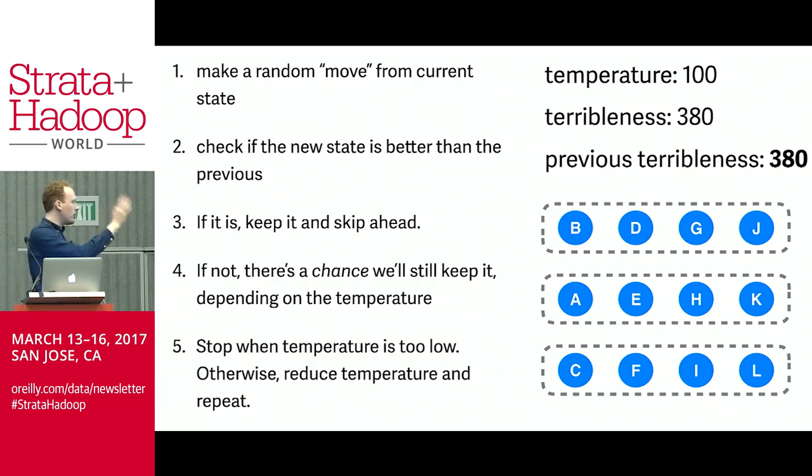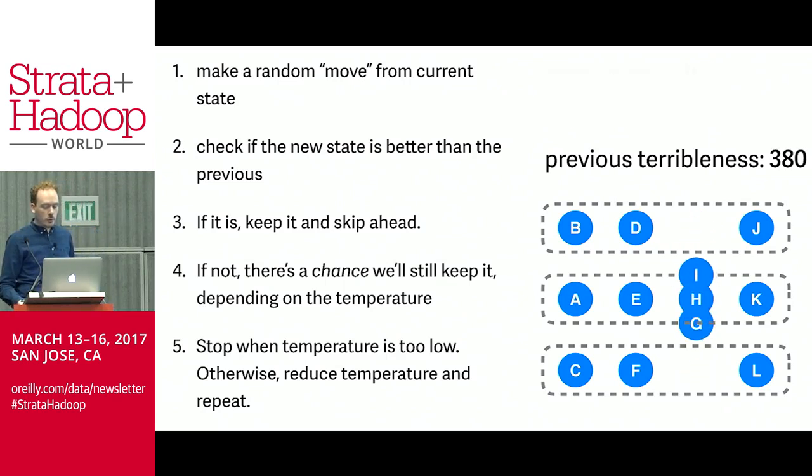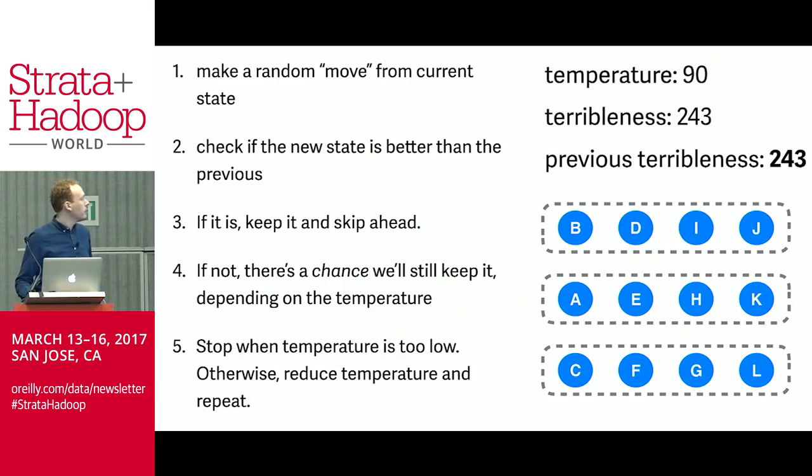When the temperature gets low, we stop. Otherwise, we just reduce it a little bit and repeat this series of steps again. So we'll make another swap. The terribleness is better this time than where we started, and better than where we were at the beginning of this, and so we're just going to keep that one. So much like a cooking show, I'm going to fast forward to the end of this now.